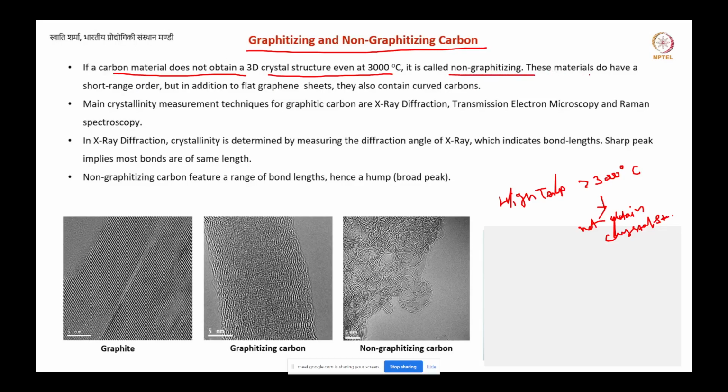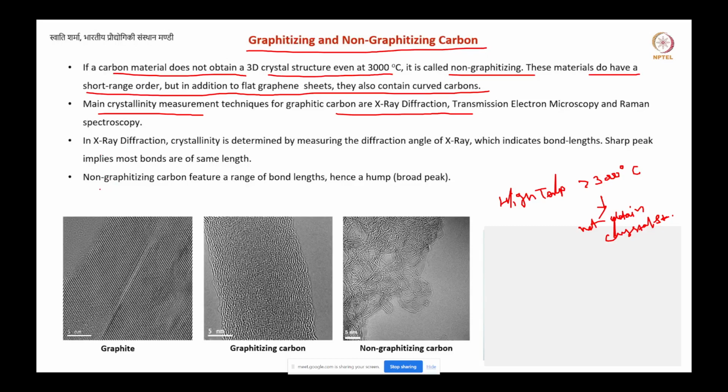These materials do have a short range order, but in addition to flat graphene sheets, they also contain curved carbons. Mainly the crystallinity measurement techniques for graphitic carbons are X-ray diffraction, TEM, and Raman spectroscopy. From this we can do the characterization of this graphitic carbon.